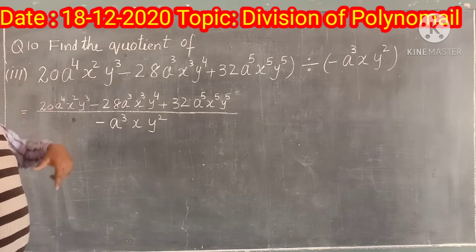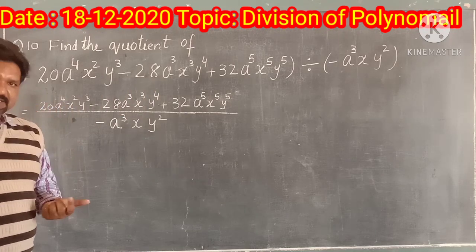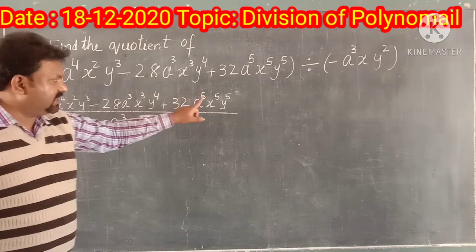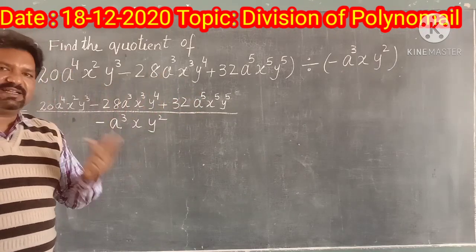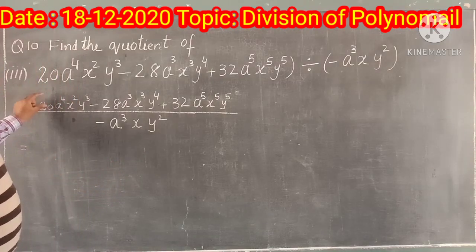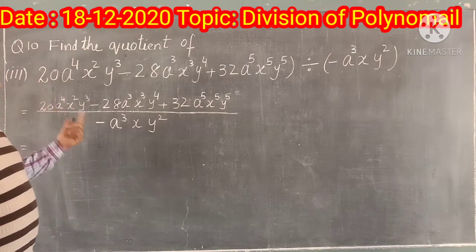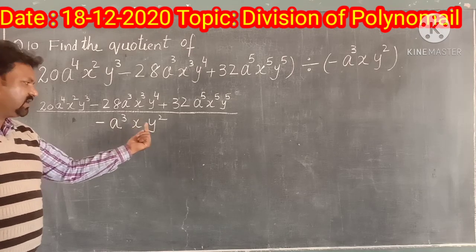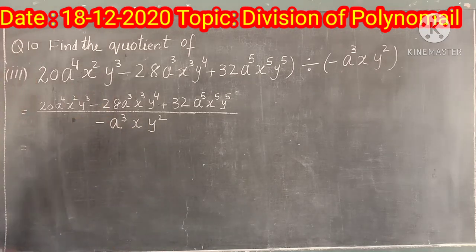The part of the algebraic expression that is connected with each other is called a term. So these are the three terms in this algebraic expression, and we will divide all these terms by minus a^3 x y^2, just like this.